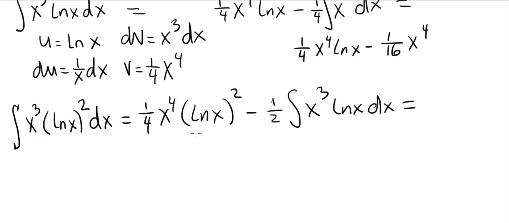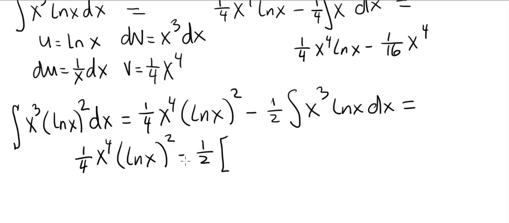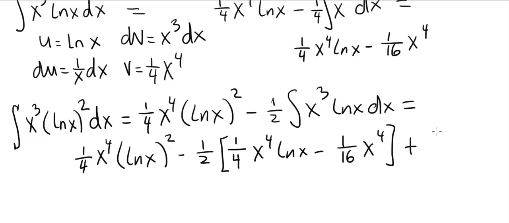The second iteration yielded the following. So we still have 1/4 x to the 4th times ln of x squared minus 1/2 times the second integral, and the second integral came out to be 1/4 x to the 4th ln of x minus 1 over 16 x to the 4th. Now we can add a c at the end.